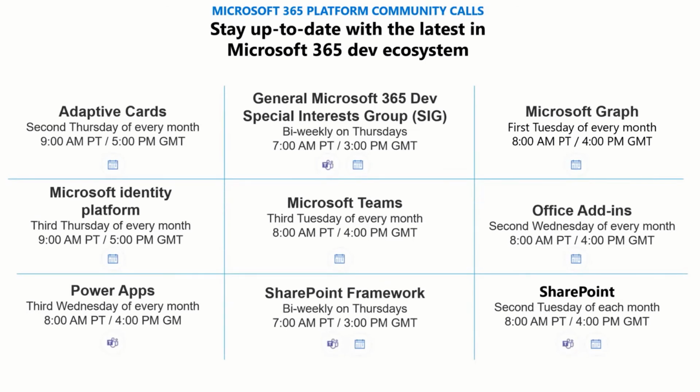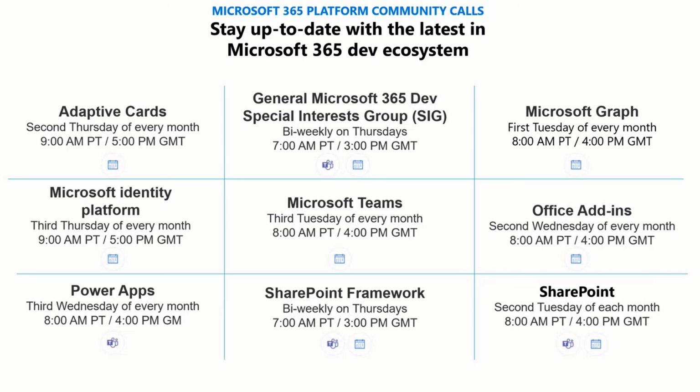So here we have a slide for all of Microsoft's community calls. This was something that we talked about a couple of months ago. They've been doing some really amazing work on these community calls. I join in on at least 3 or 4 of these, or at least I try to. Really great stuff, an incredible wealth of information.